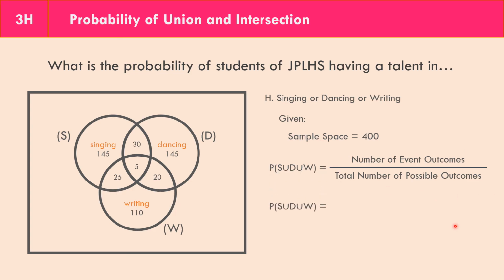So the singing is equal to 145, plus the dancing, that is equal to 145, plus the writing, that is equal to 110. If we add all in all, the answer is equal to 400 over 400. 400 divided by 400 is equal to 1. So the probability of the students of JPLHS having a talent singing, dancing, or writing, the answer is equal to 1.